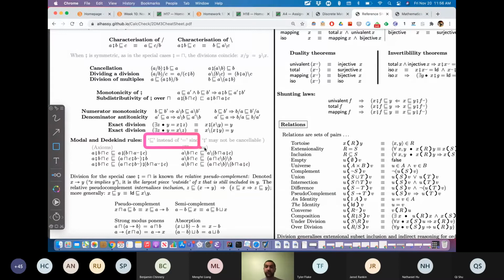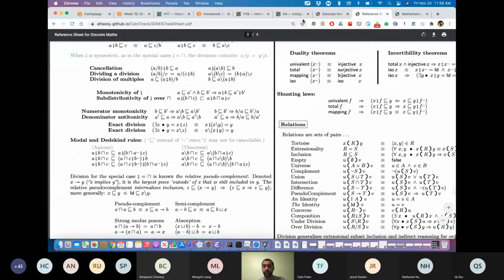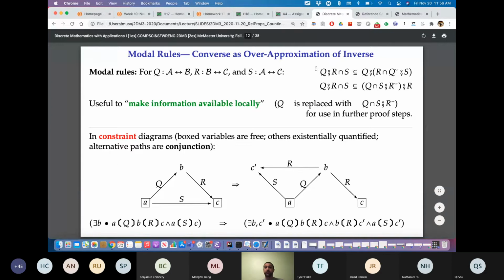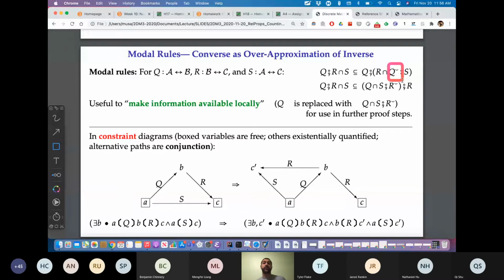So these are inclusions instead of equalities, because in general, multiplication or composition is not cancelable. You can't get rid of it, right? This is the cancellation laws you've seen before for multiplication and addition back in the first few weeks. That's what I mean when I say cancellation, okay? And so that's how we get these ones, right? We think of the converse as an approximate inverse, right? It's like I have q times r, minimum with s, and then I pull out q, I pull it this way, so I pull it all the way out.